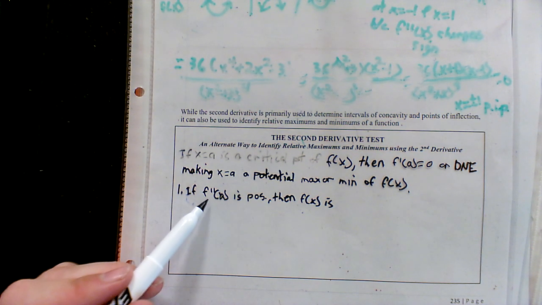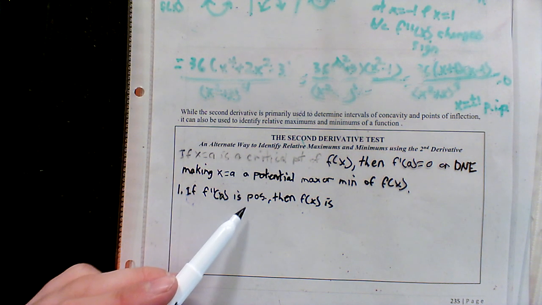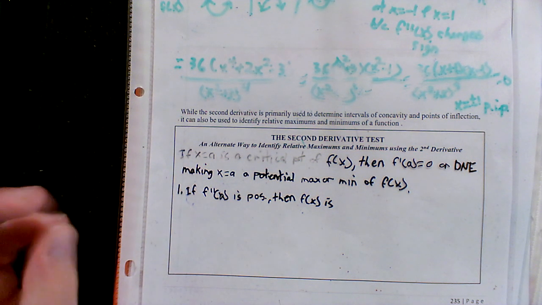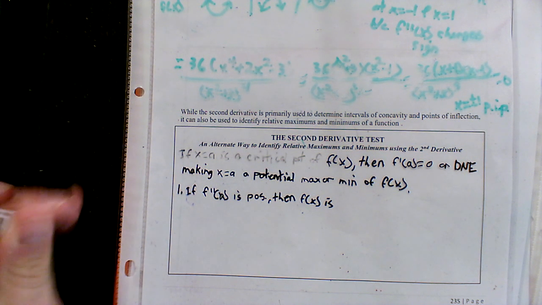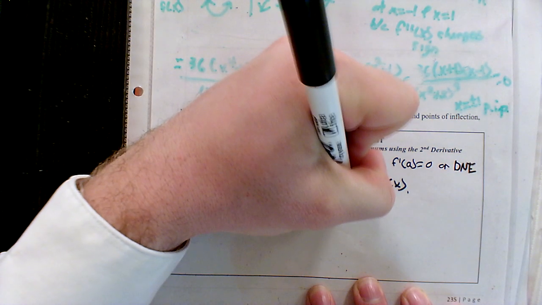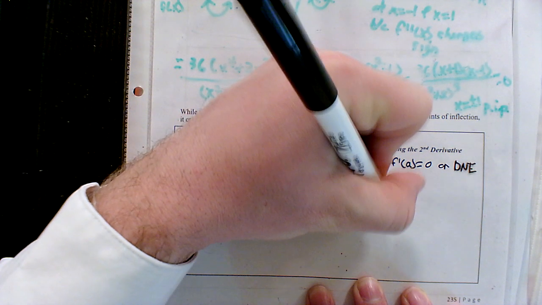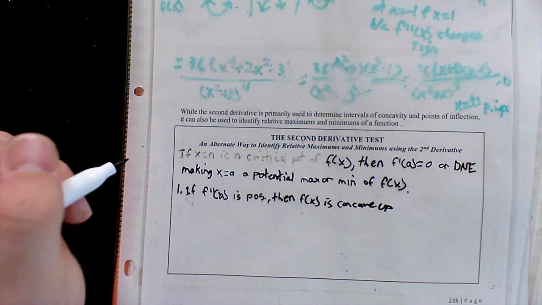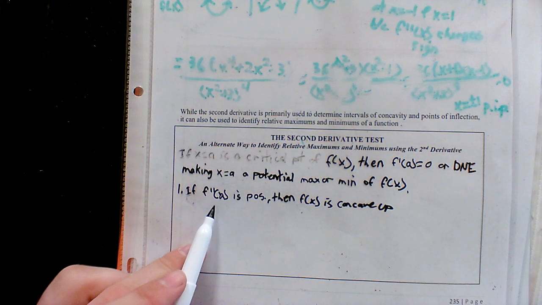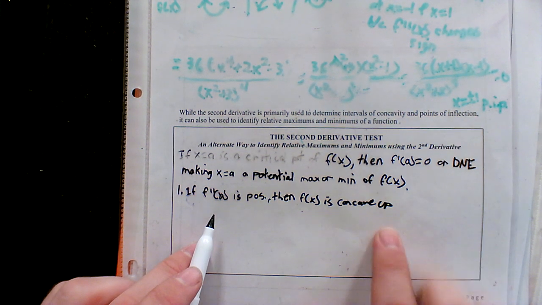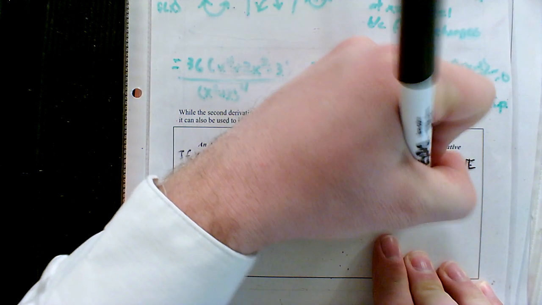If you know that the second derivative of a value is positive, what does that tell you? The original is concave up. So we know it's concave up at this point because we're talking specifically about a. So we know that f of x is concave up at x equals a.